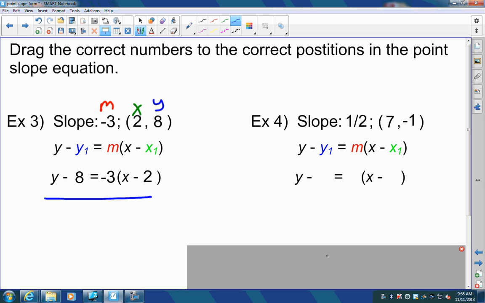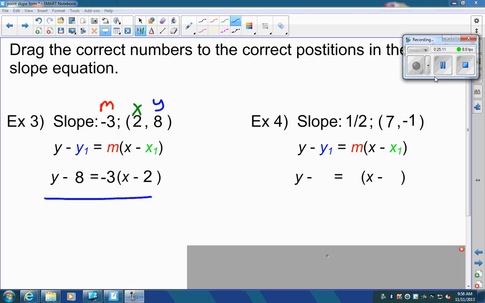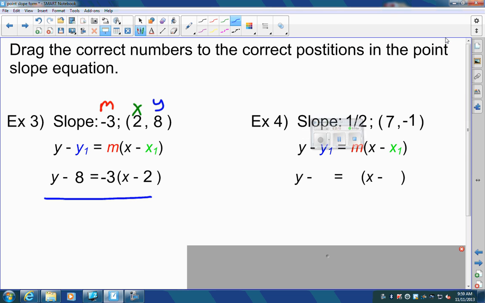So take a second and do number 4. Put it into point slope form. So on number 4, my slope is 1/2. That goes in front of the parentheses. I have x and I have y. Let's see, x1 and y1.